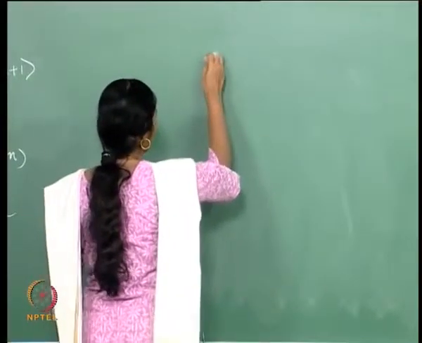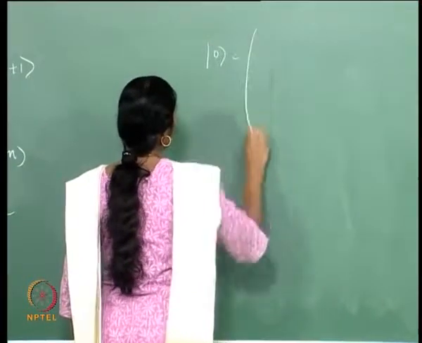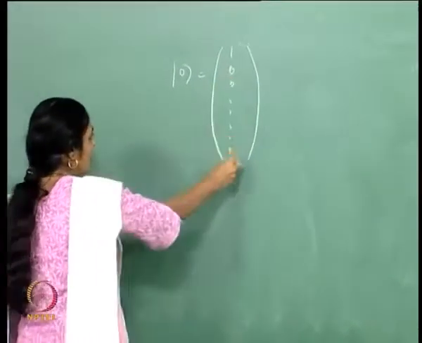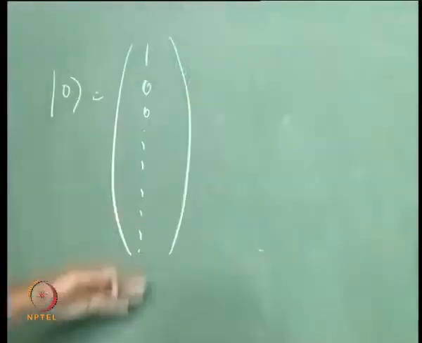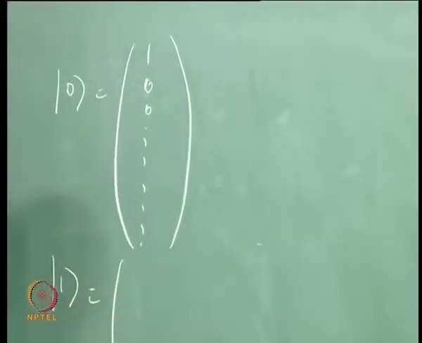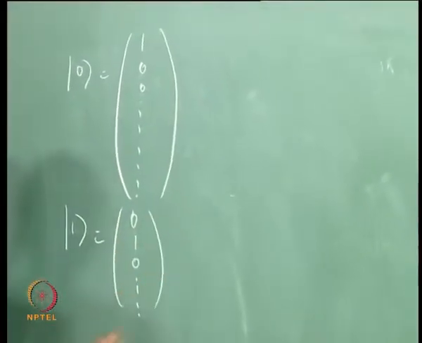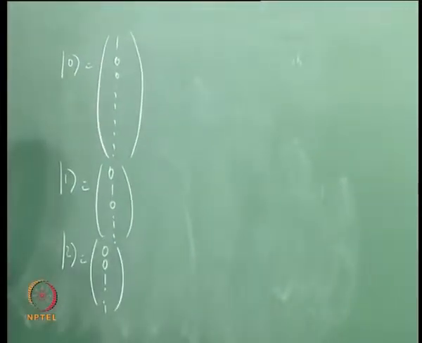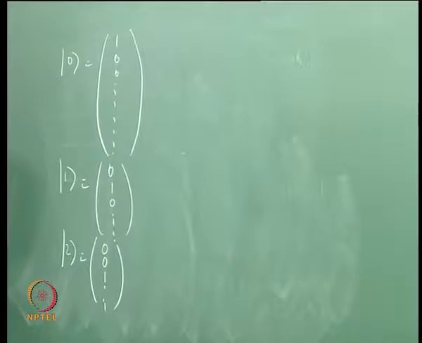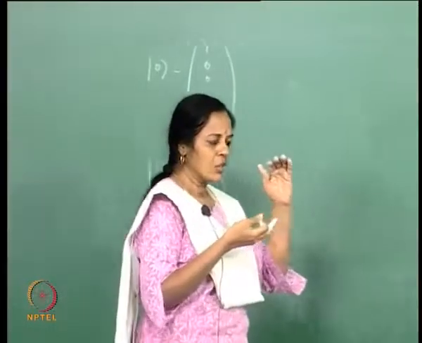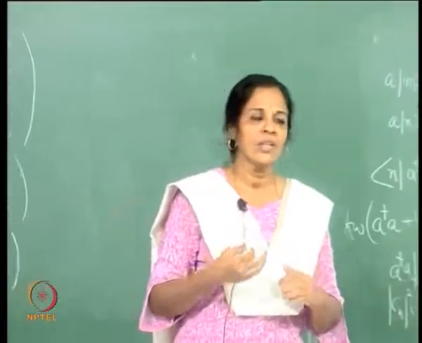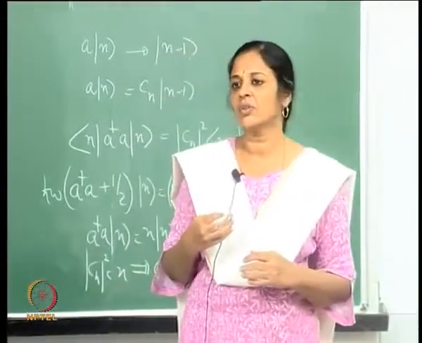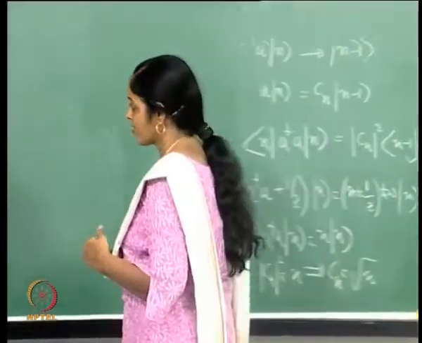First of all, the column vectors, I could represent ket 0 as an infinite string of numbers in the column, 1 and the rest of them 0, ket 1 as 0 1 and the rest of them 0, ket 2 as 0 0 1 and the rest of them 0 and so on. Analogous to the spin system where we had the 2 component column vectors 1 0 and 0 1 in the case of the 2 level atom, and in the case of the 3 level atom we had 1 0 0, 0 1 0 and 0 0 1 as the basis vectors.